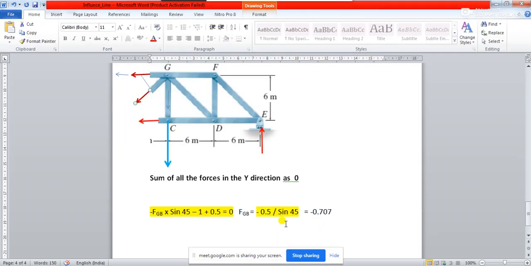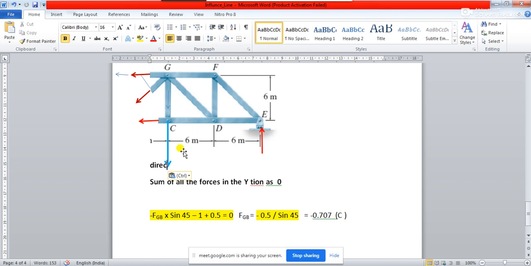Now in the second case you are getting a negative value. Once this value is negative, it is not remaining tensile. You assumed it as tensile, but you are getting a negative value, that means it is compressive.